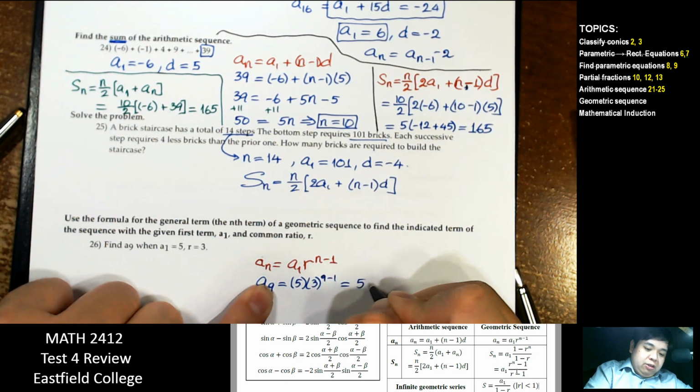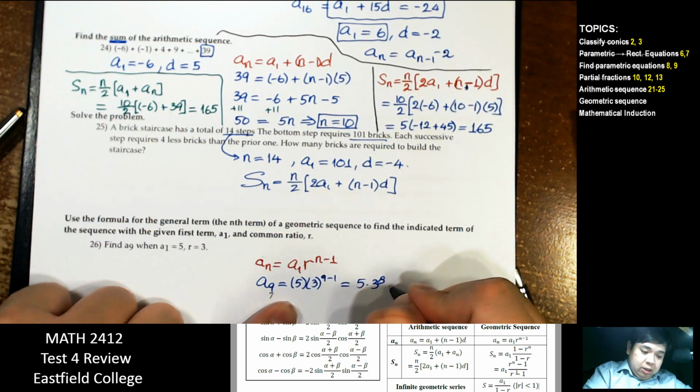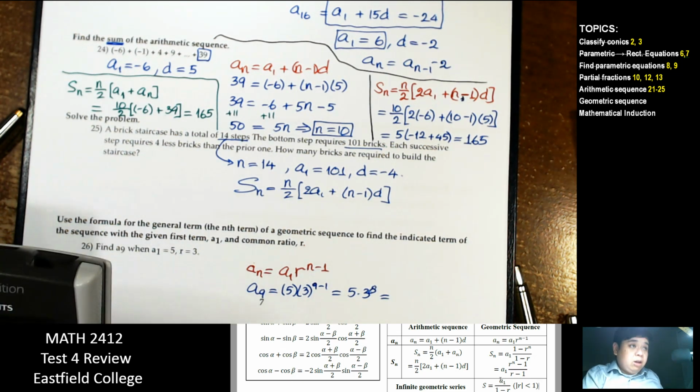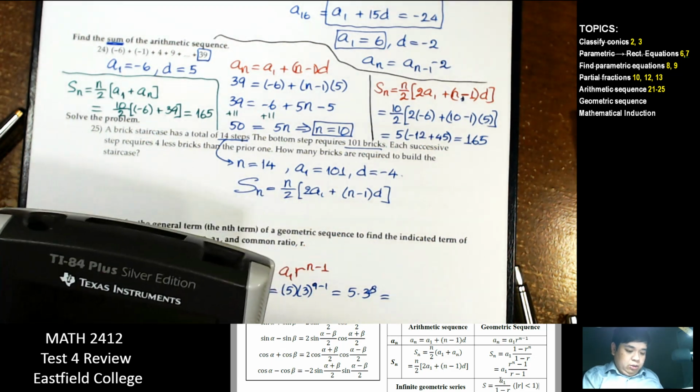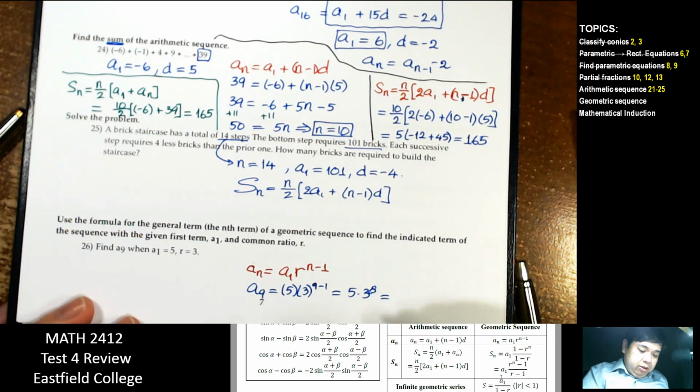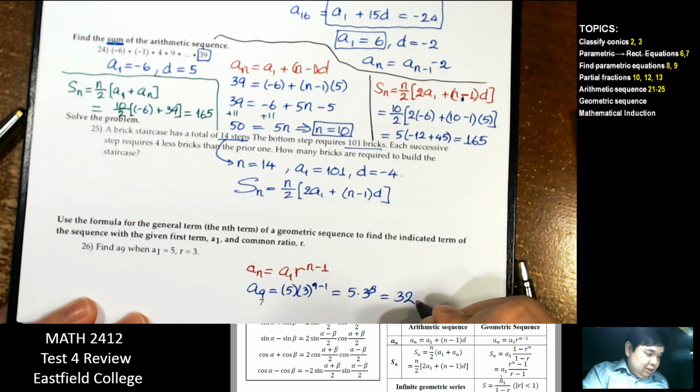And so 5 times 3 to the 8th power. Right, 5 times 3 to the 8th power. 32,805.